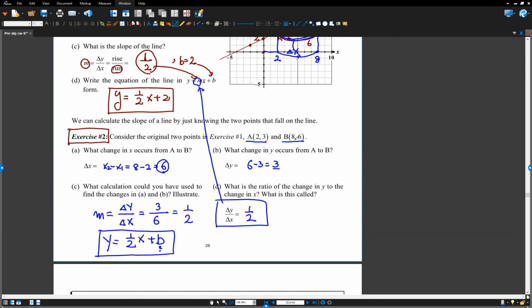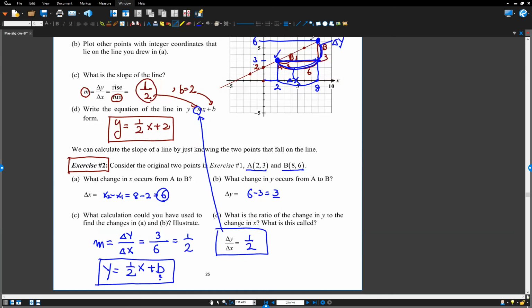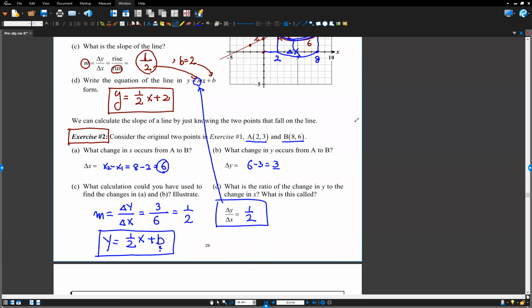Because these 2 points are on the same line, right? What that means is, when you put the x coordinate and y coordinate into the equation, it must always be equal. So when x is 2, y is 3. Put this number in here: 1/2 times 2 plus b.